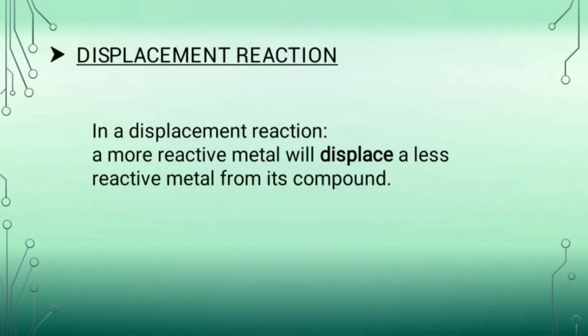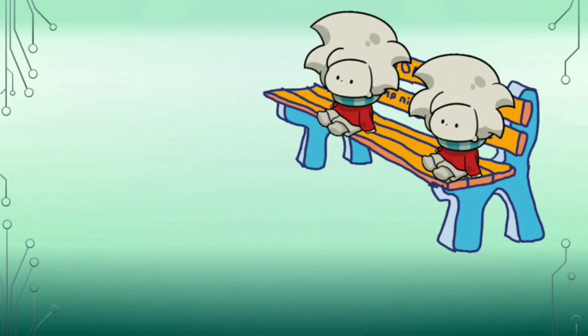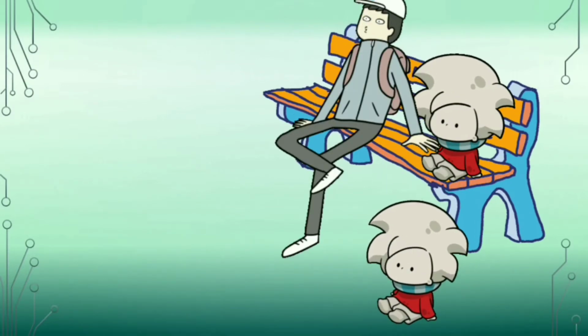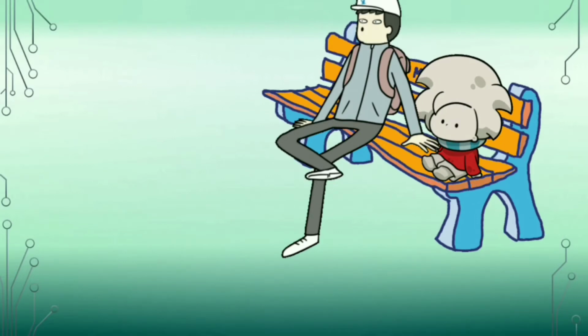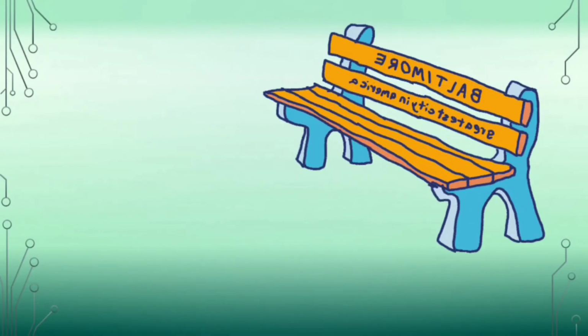For example, if two small students are sitting on a bench and a big strong student comes and tries to replace one of the small students, he can do it very easily because of his size and physique, or we can say because of his power.